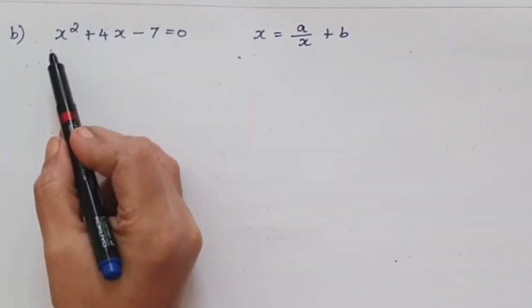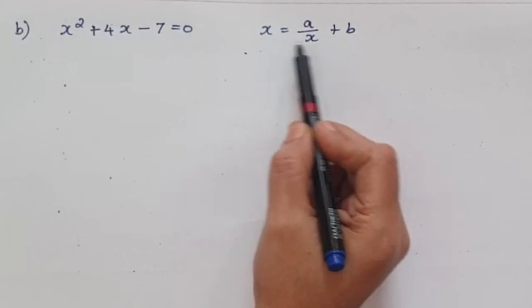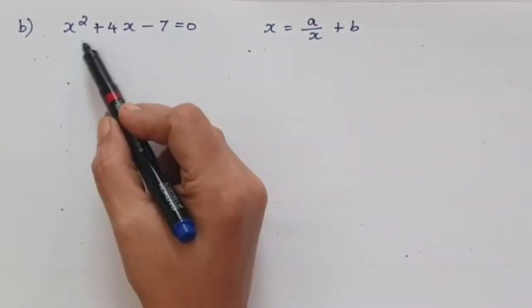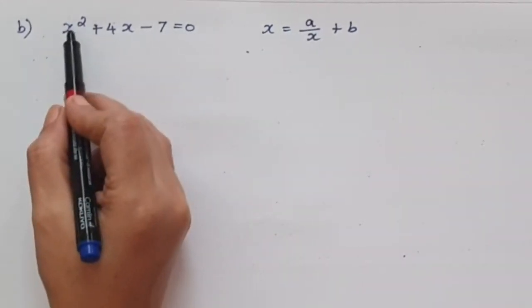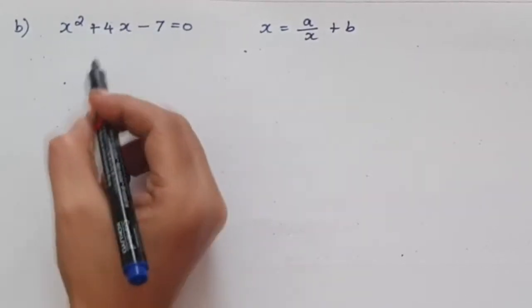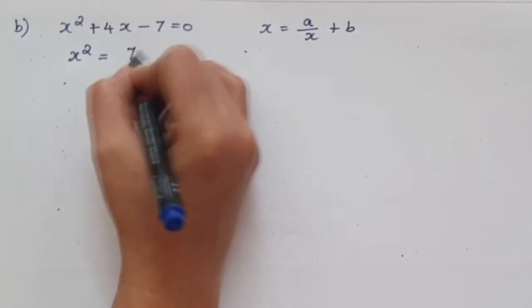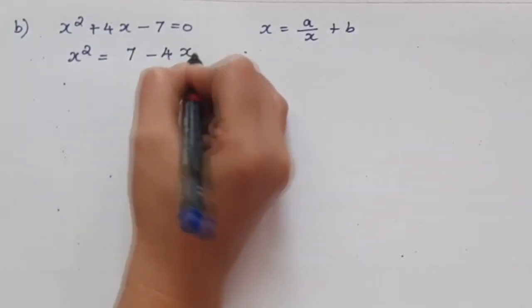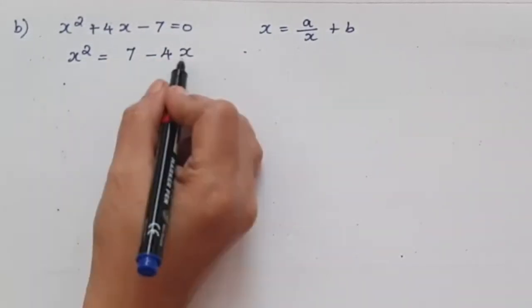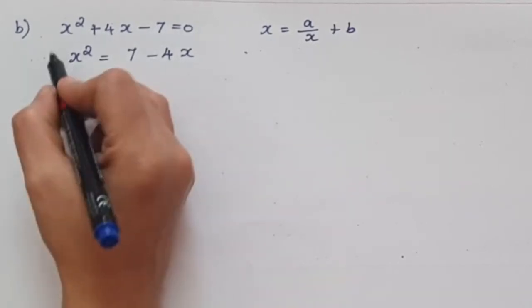Now in the second part, we need to write this given equation in this form. In order to do that, we'll keep x squared on one side and shift all the rest to the other side. So x squared will be equal to 7 minus 4x. Now we divide this entire equation by x.